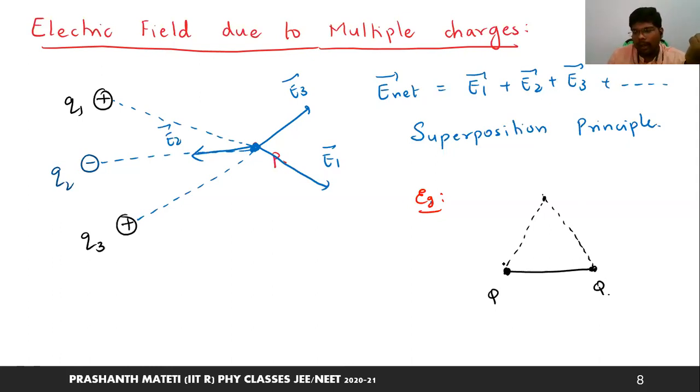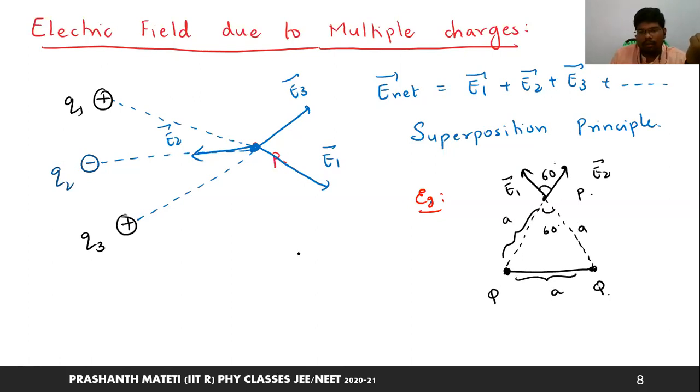Because of this charge the electric field is in this direction, and because of this one in this direction. If this is the E1 vector and this is the E2 vector, and this distance is A, then for an equilateral triangle this is also A, and this is also A. And if this is 60 degrees, then this will also be 60 degrees.